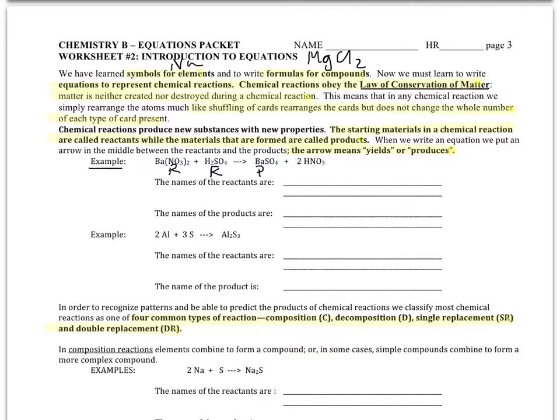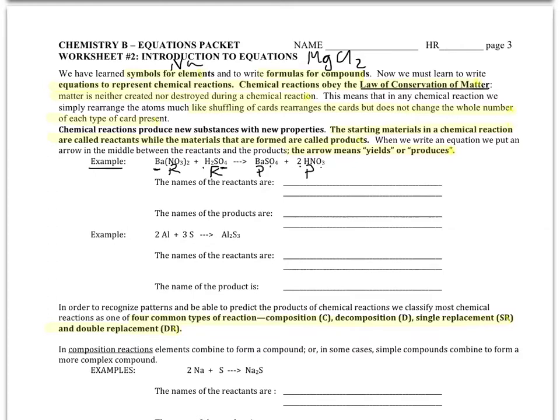So if we look at our products over here, right, there's Ba. Well, look, Ba was a reactant too. There's SO4. Well, look, SO4 was a reactant too. It didn't just miraculously appear. There's a hydrogen. Look, hydrogen was a reactant.